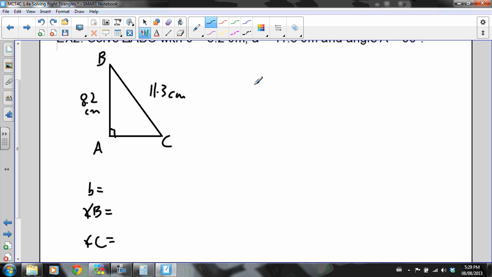Side b, I could use Pythagorean theorem, right? So 11.3 squared, hypotenuse squared, is 8.2 squared plus a little b squared. A little calculator work here. I'm going to subtract 8.2 squared from both sides.